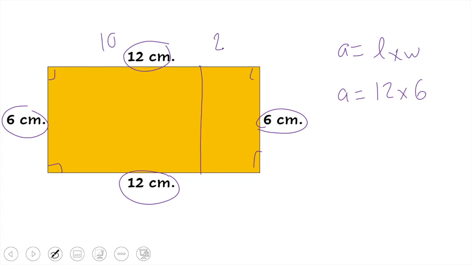So we have 6 times 10, which would be 60. And then we do 6 times 2, which is 12. We add those two together. So area would equal 72 centimeters squared.